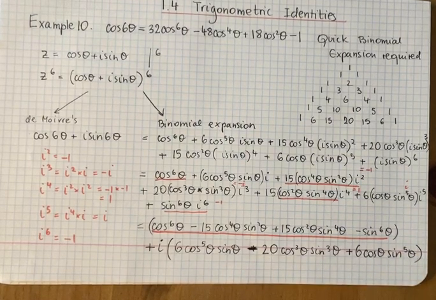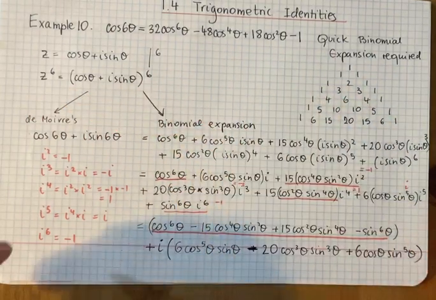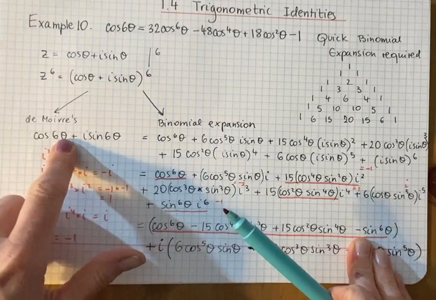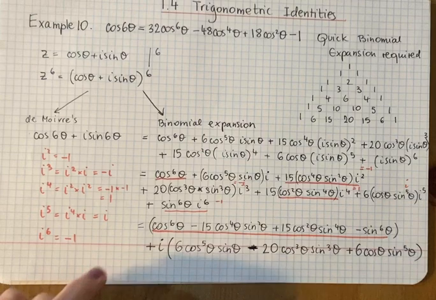Now, the question asks us to prove that cos 6 theta is equal to this. Now, when we expanded using Desmos, we got this answer. When we expanded it using binomial, we got this answer.